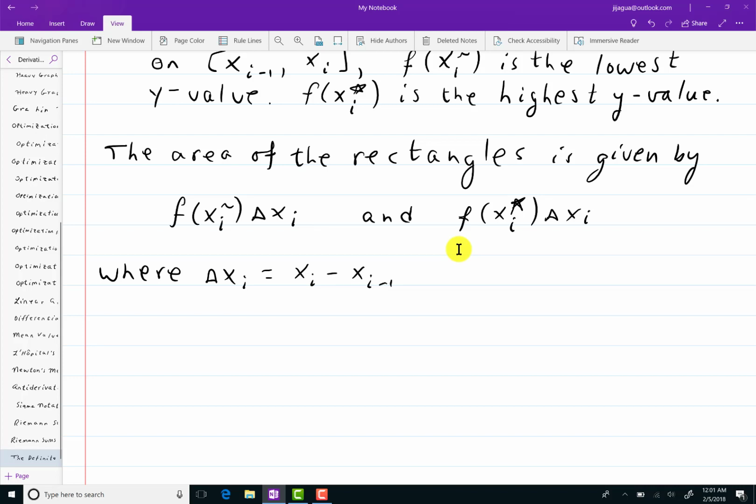That's the width of that interval. So delta x sub i is the width of the interval x sub i minus 1 to x sub i.